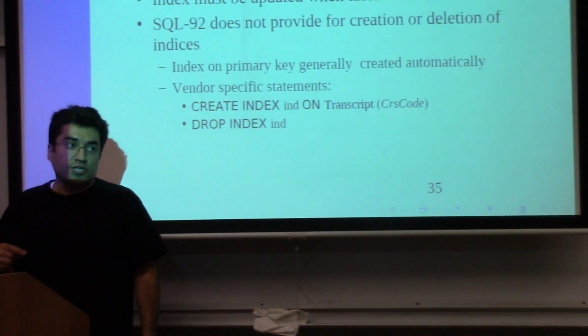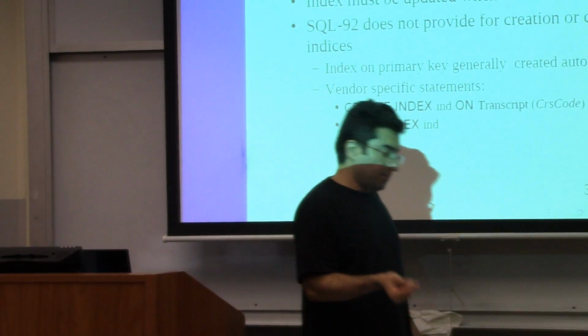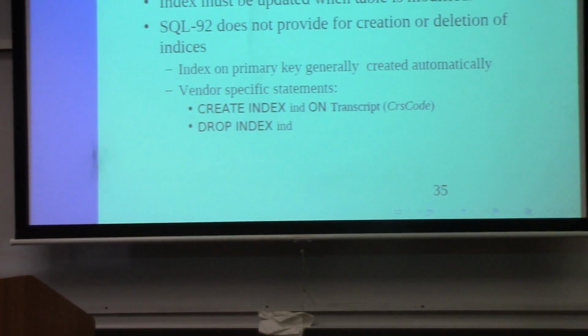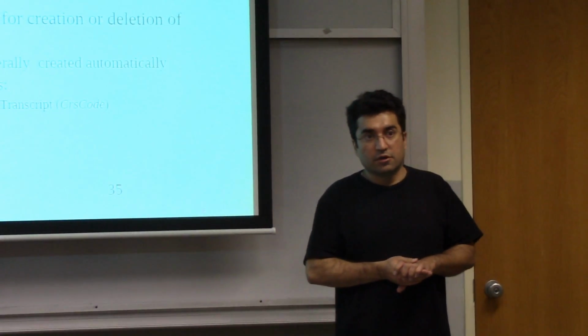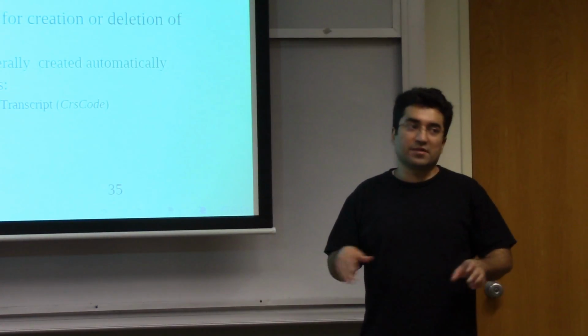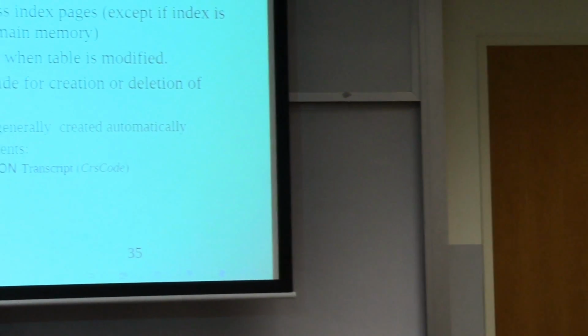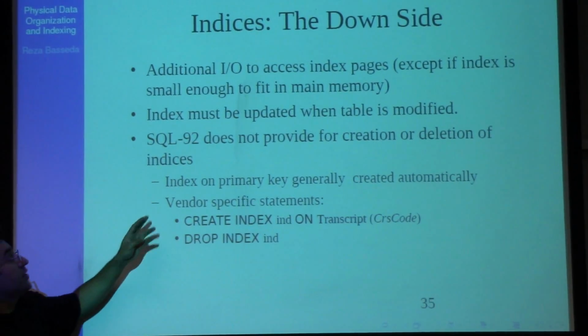Also, it adds additional I/O to update the indexes, because when you are deleting something from, for example, a binary tree, then you have to update the binary tree, and sometimes it is very difficult. For example, in a binary tree, you have to move some part of the tree based on some strategies, right? And the indexes must be updated.